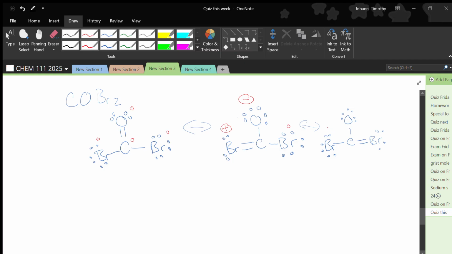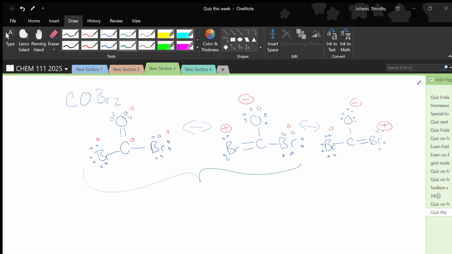Then over here, I'm going to end up with a 0, a negative, and a positive. All right, so using these two, which of these two is the better Lewis dot structure, the more stable one? The one on the left.